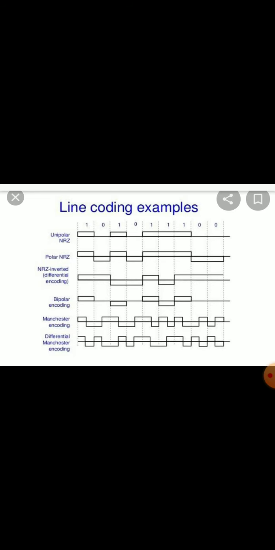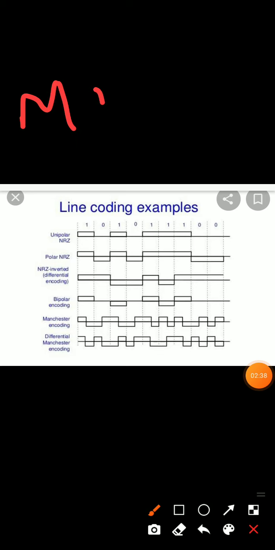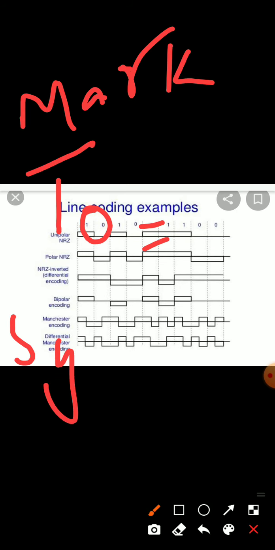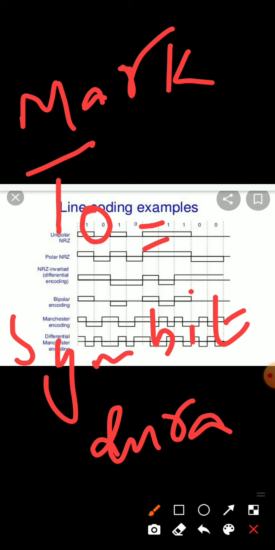NRZ means a high in data is represented by a positive pulse, called a mark, which has a duration T0 equal to the symbol bit duration. A low in data input has no pulse.